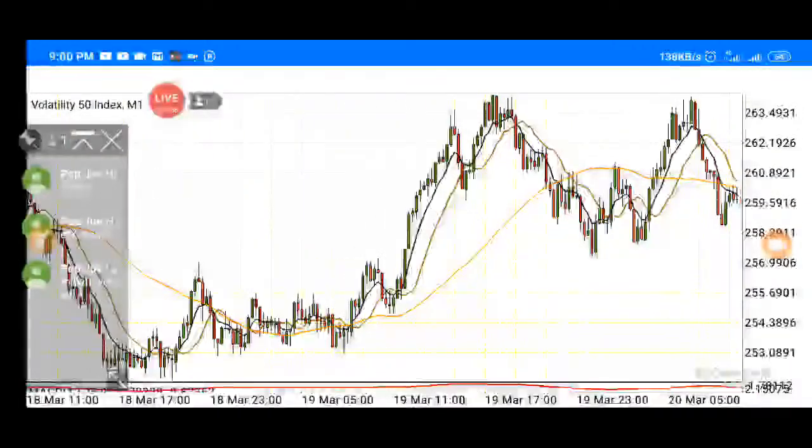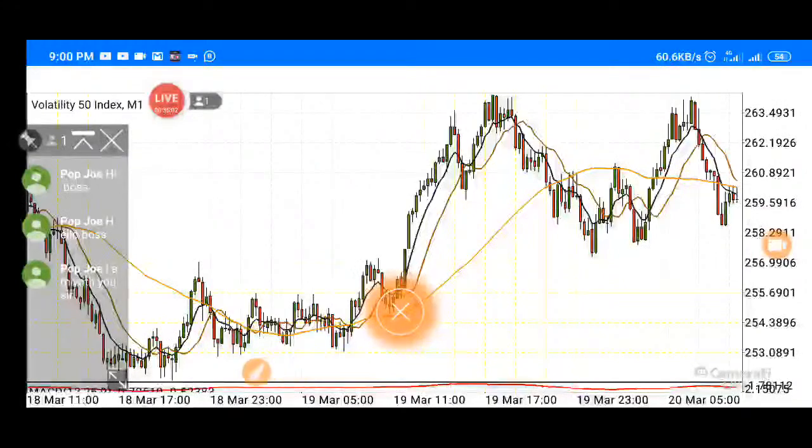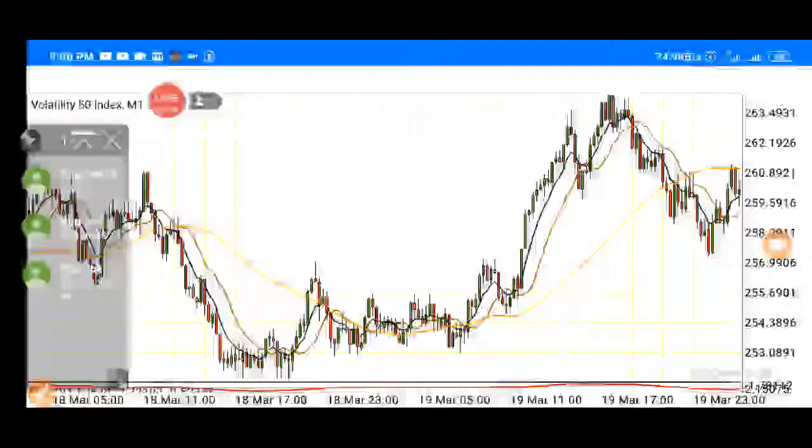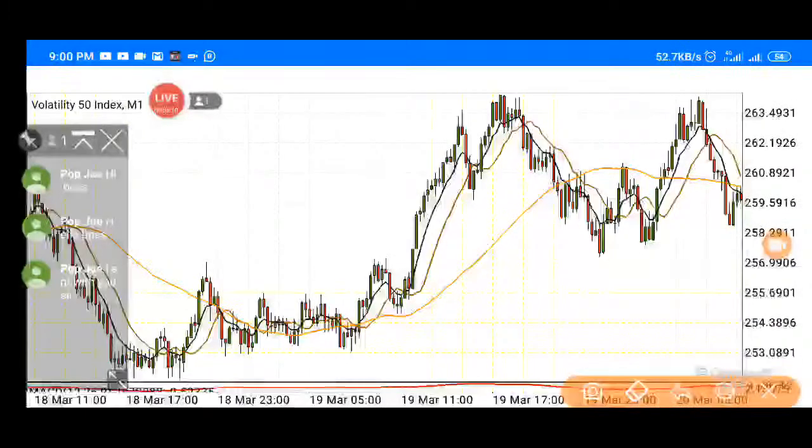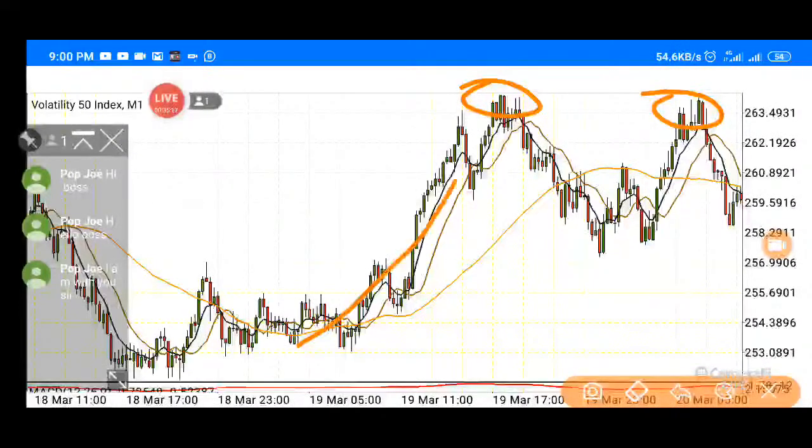Okay, this is a good double top here. Sorry, I'm trying to bring this. So this is the first top, this is the second top. The market was in an uptrend, came down below, went up again and still respected this level, then came down.